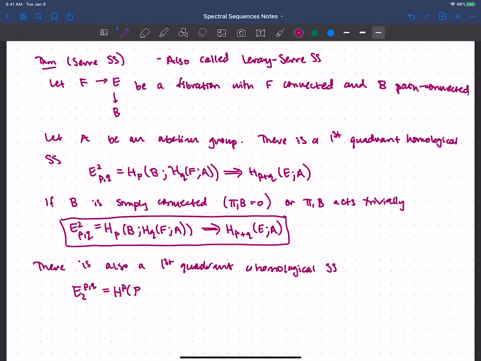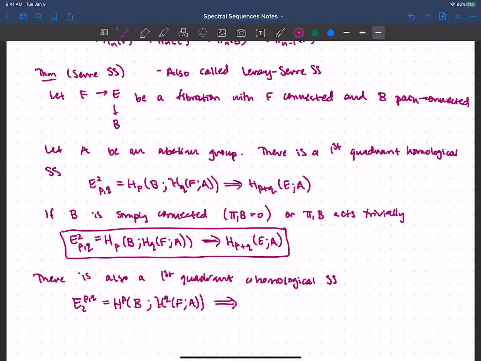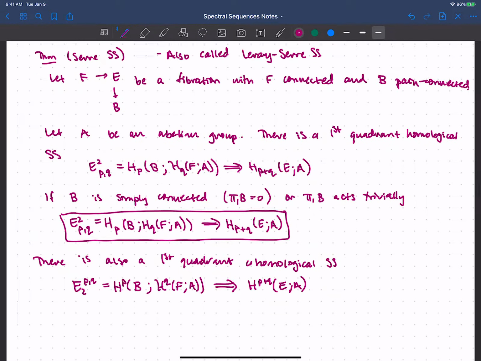It's almost not worth writing, but I like to be complete. Okay, so now these are local coefficients in the cohomology of the fiber, and this should cook up for us the cohomology of our total space with coefficients in A.